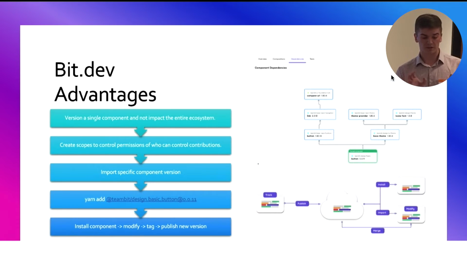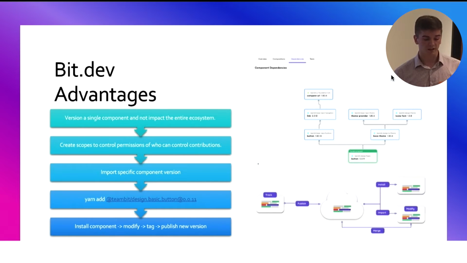The components are separated into their areas of concern, and so you can import specific components at their version. For example, if you wanted to take the Bit team, which is a scope, and I'll talk about that later, and then just the basic design button at a specific version, that button can now be part of your project, and you know exactly what it's doing, and you can roll back on versions or go to the latest one.